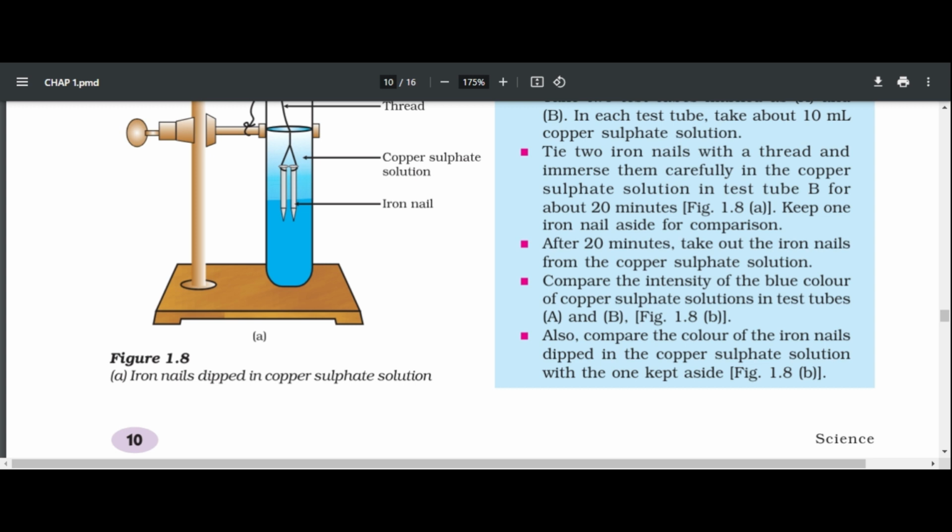Keep 1 iron nail aside for comparison. After 20 minutes, take out the iron nails from the copper sulfate solution. Compare the intensity of blue color of copper sulfate solution in test tubes A and B. Also compare the color of iron nails dipped in the copper sulfate solution with the one kept aside.